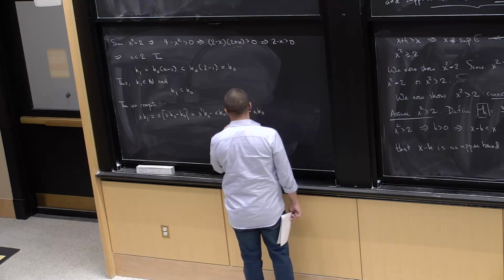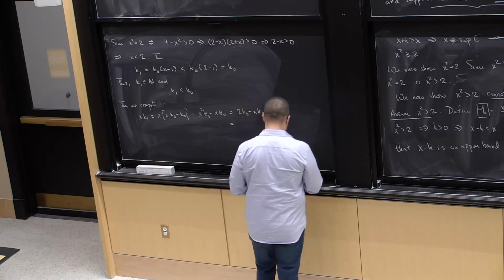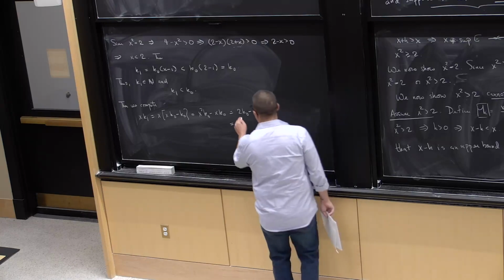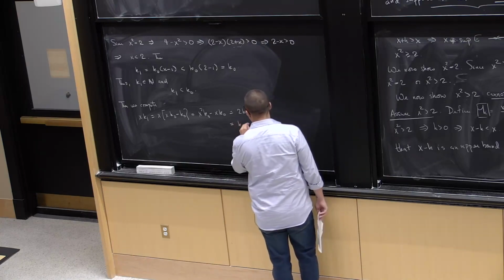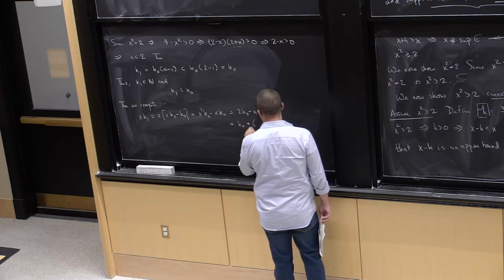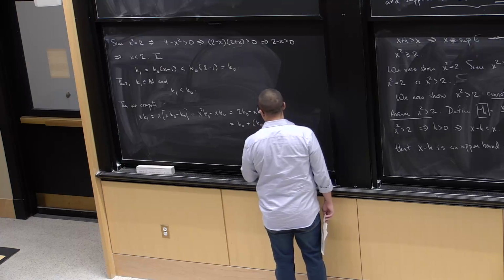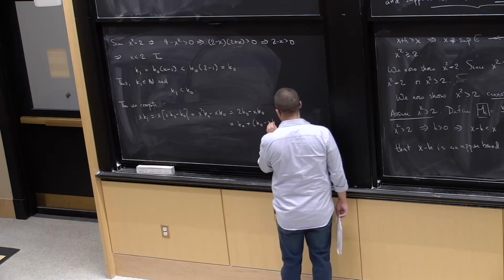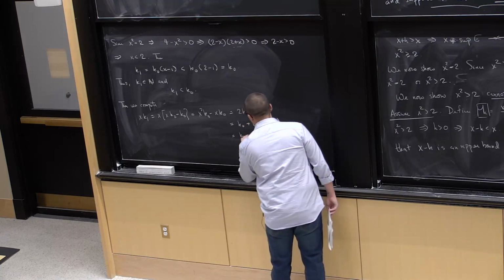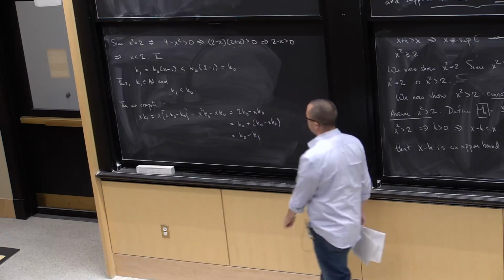Because x squared equals 2, this equals 2 K0 minus x times K0, which equals K0 plus K0 minus x K0, which equals K1.